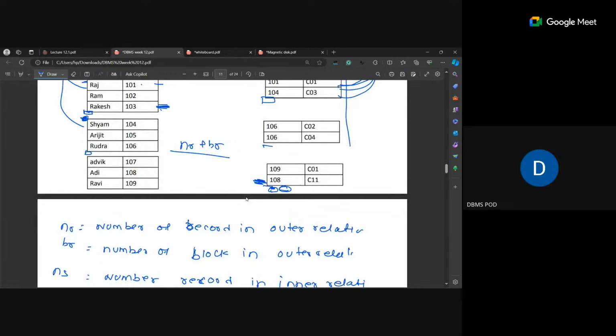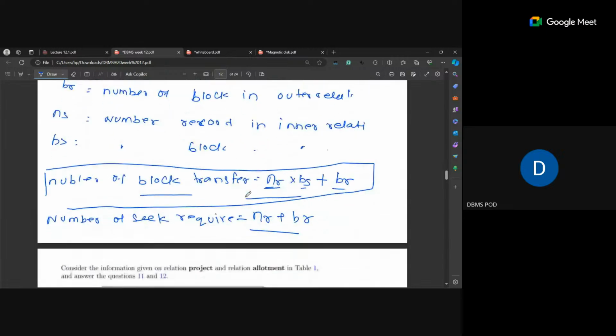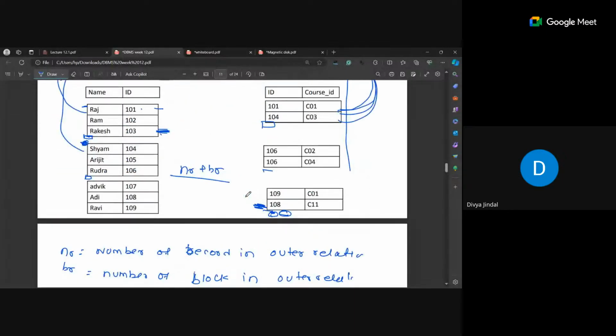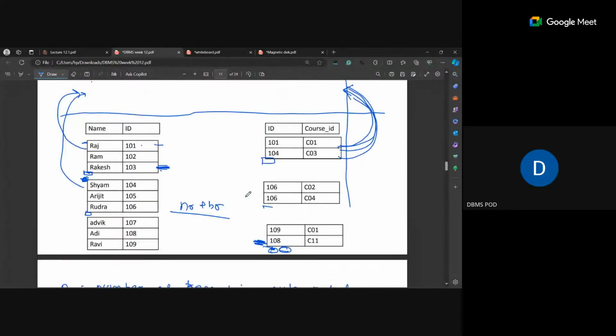This is the total seek, NR plus BR. We don't need a seek for the inner relation. When we change from Raj to Ram, one seek is required, and when we move to another block, again one seek. That's why NR is the total number of records and BR is the total number of blocks present in the outer relation.